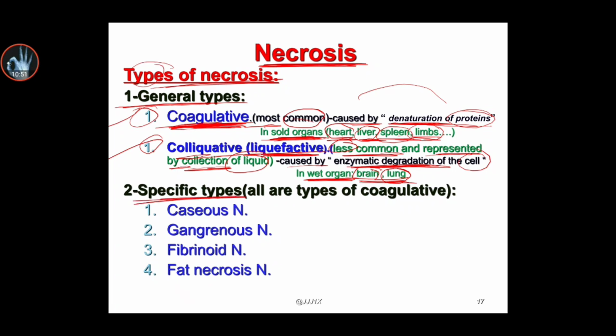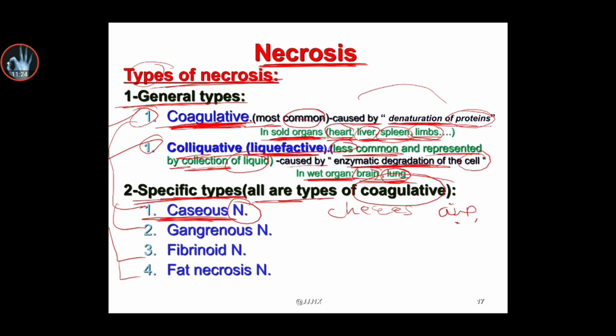Also, there are specific types, and all of these types are coagulative. We have many types of coagulative necrosis. We have caseous necrosis, and caseous means cheese, or in the shape of cheese, جبنة.